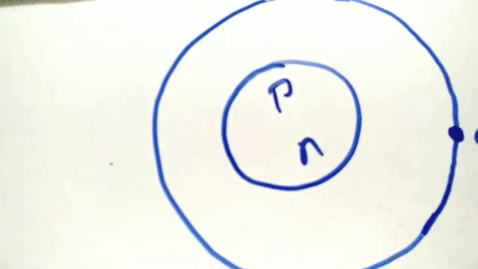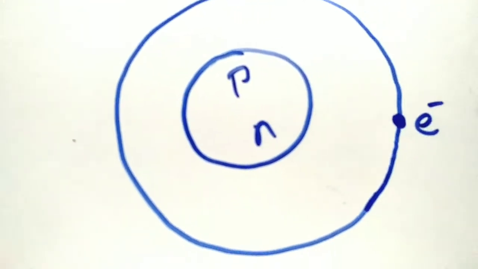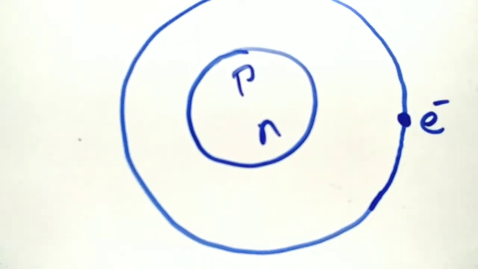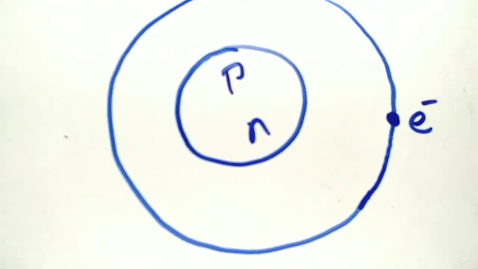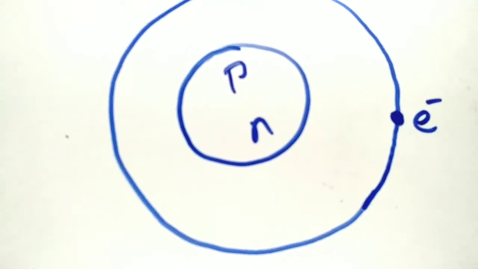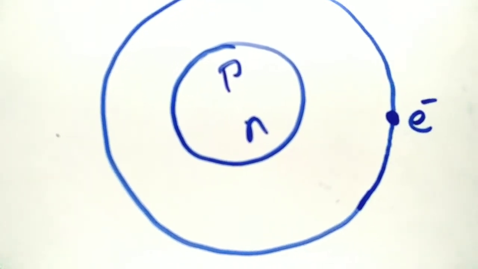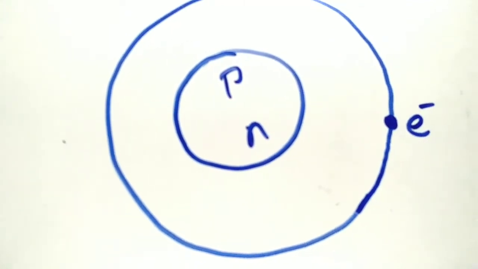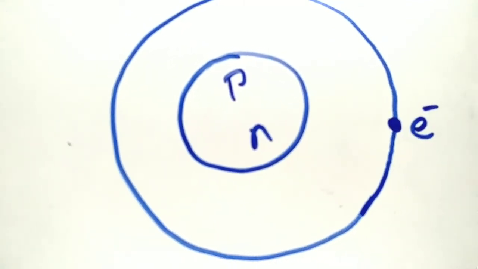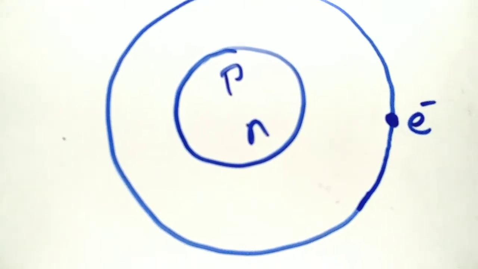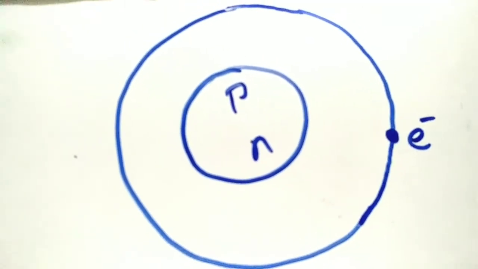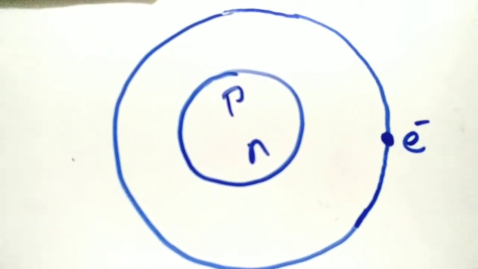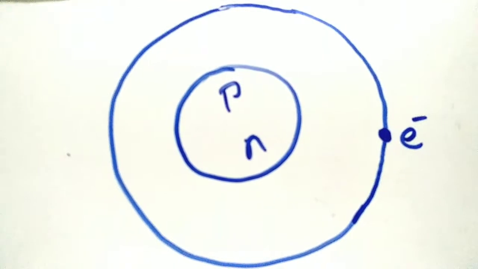The extranuclear part in the atomic structure includes electrons revolving around the nucleus and the empty space between the nucleus and the electrons. It means outside the nucleus there is empty space. The electrons are the third subatomic particles that revolve around the nucleus in their specific orbits.